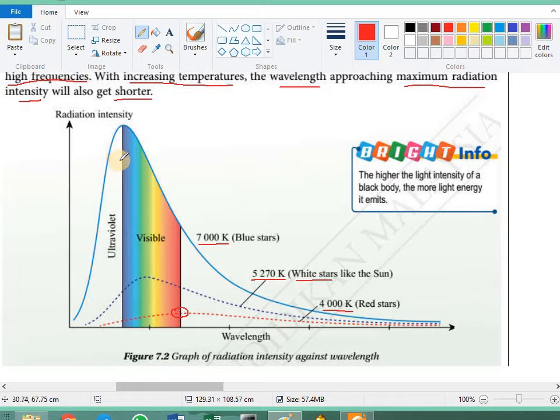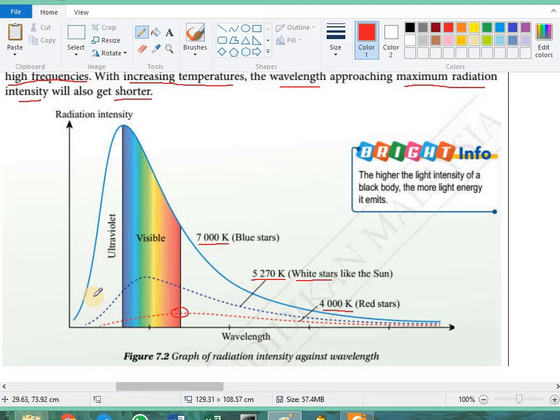When the frequency increases, the particles that oscillate at a higher frequency will not be able to get much energy. So the number of particles that can oscillate at higher frequency will be lower. So the radiation intensity for higher frequency will be lower.